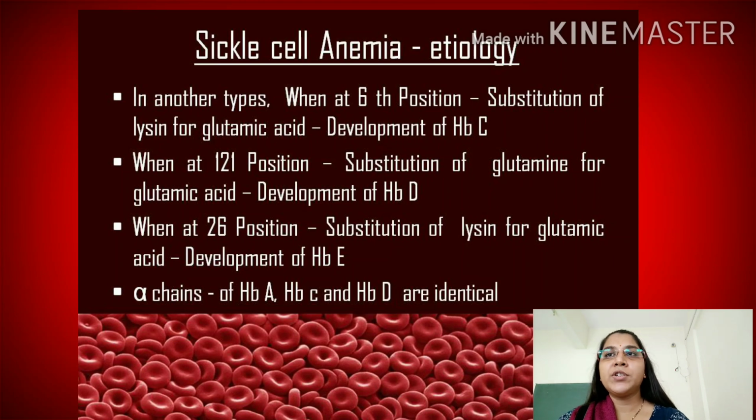Now, when lysine is substituted for glutamic acid at the 26th position, it develops HbE. In all these types, the alpha chain remains the same as HbA, meaning normal. The only difference is in the beta polypeptide chain.